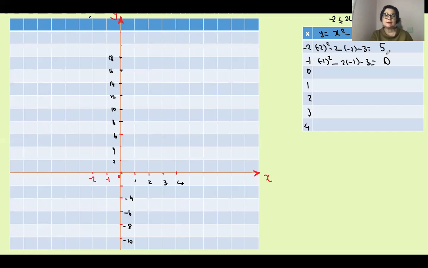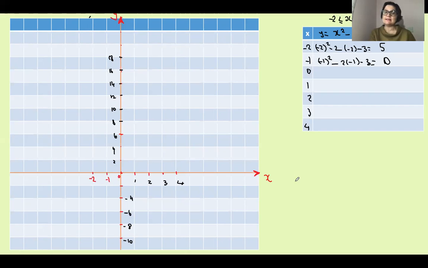And in case you make a mistake, which is very common when you substitute, especially when you deal with negative numbers, you can go back and check and fix the mistake, because the parabola should be correctly done and the answers should all be accurate to have the exact parabola of the function.